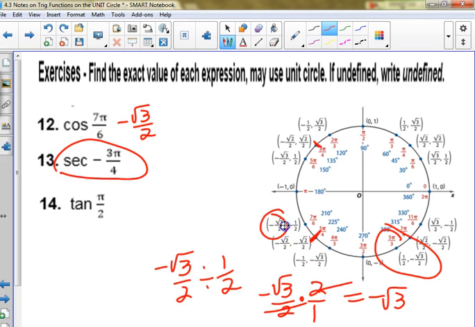Okay, what do I need to find there? Well, what's the cosine? The cosine is the x value, but I need to flip that over. What happens when I flip it over? I get 2 over this, which is negative square root of 2.